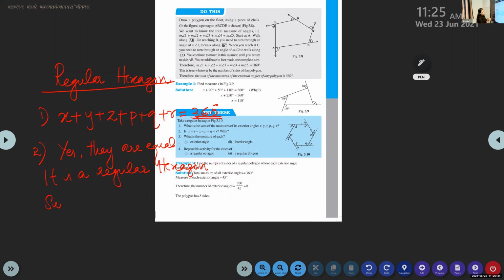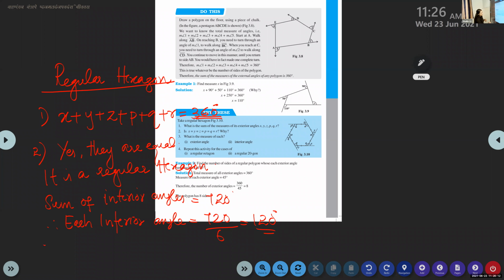Sum of interior angles equal to 720. Therefore, each interior angle equal to 720 divided by 6 equal to 120.